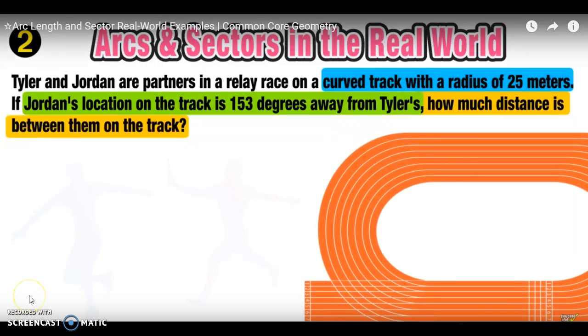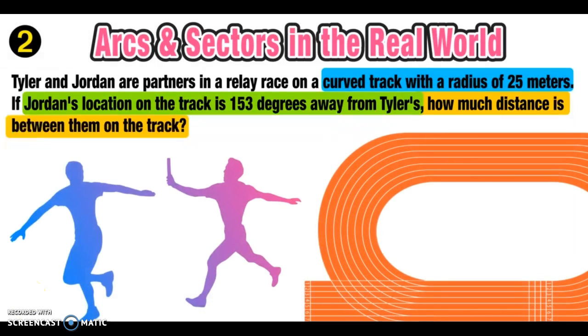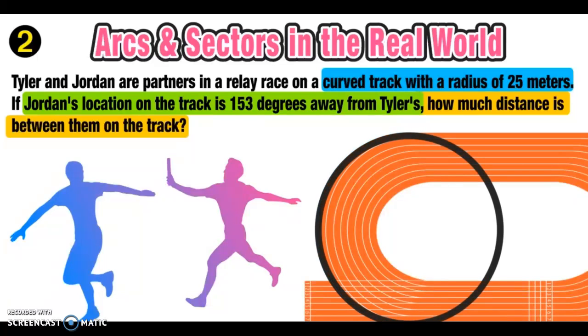Let's go ahead and visualize that curved racetrack. Since Tyler and Jordan are in a relay race, they're spread apart. They're on different locations on the track, and they have to meet each other and pass off a baton. So let's call Jordan's location J and Tyler's location T. We already know that the radius of the curved portion of the track is 25 meters long.